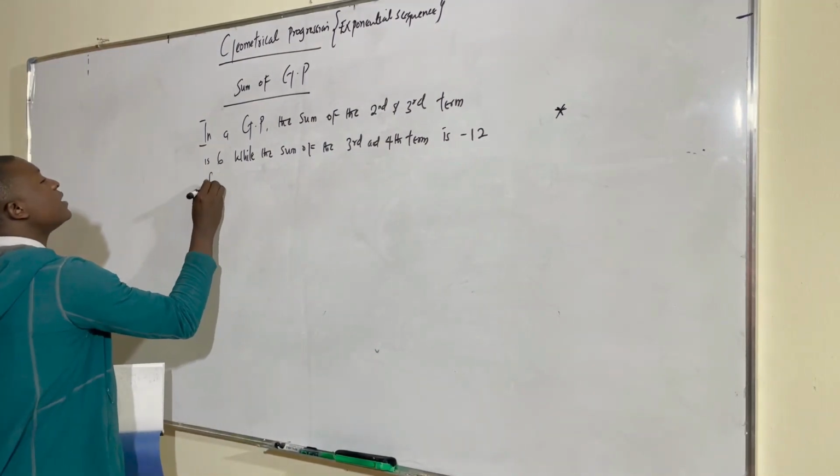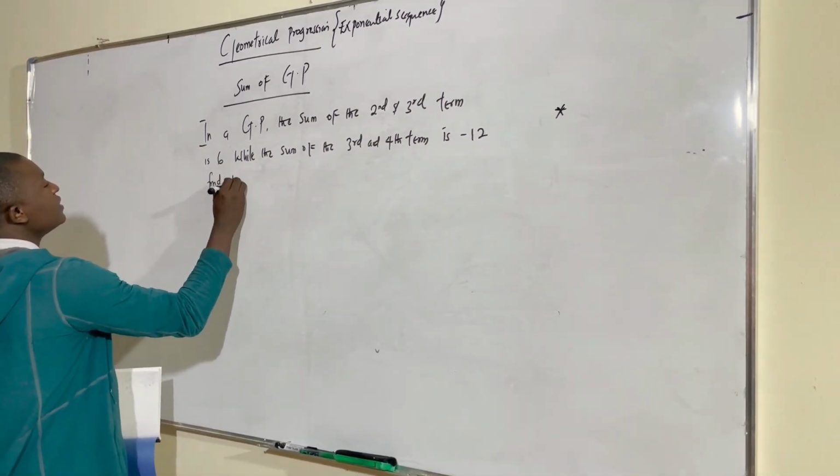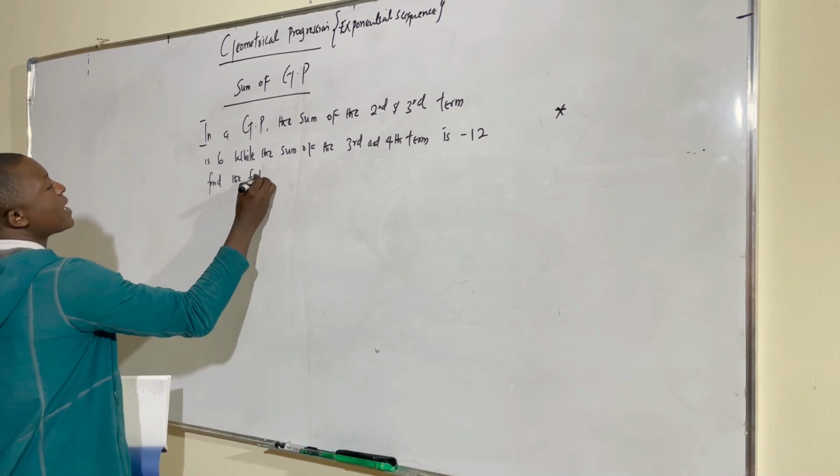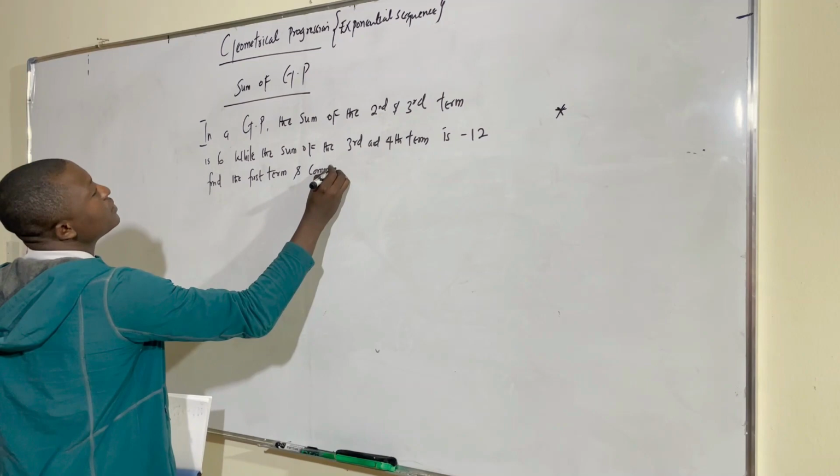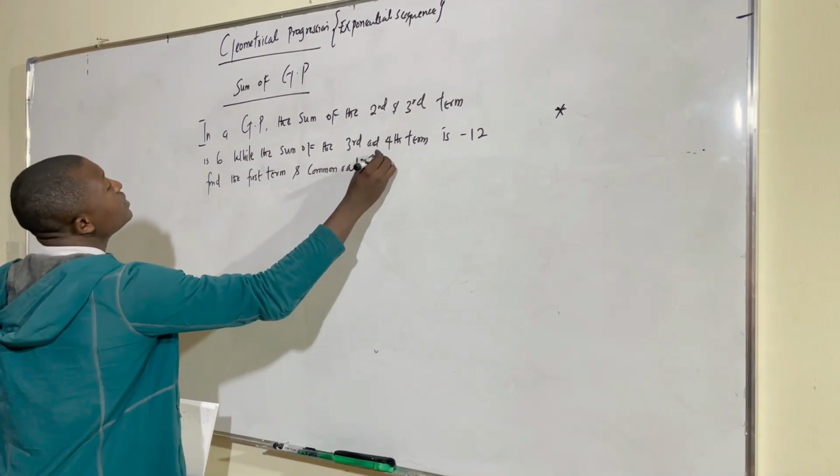Find the first term and common ratio. You can see in this problem, they use the word sum.